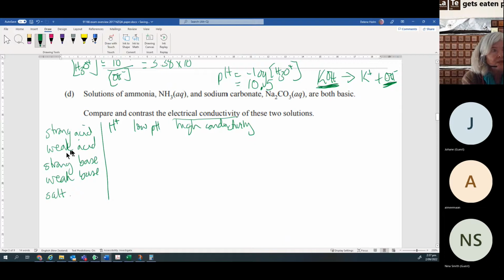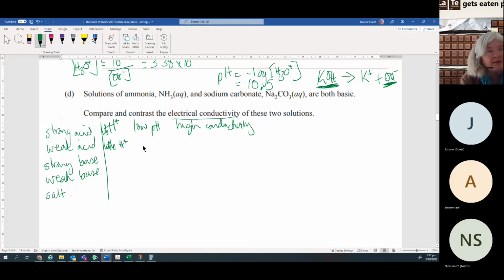Now, weak acid doesn't have very much H+. So I'll just say here lots, and this is little H+. So it's still got H+, so it's going to be a pH below 7, but nowhere near like 1 or 0 or 2 even. Well, maybe 2.